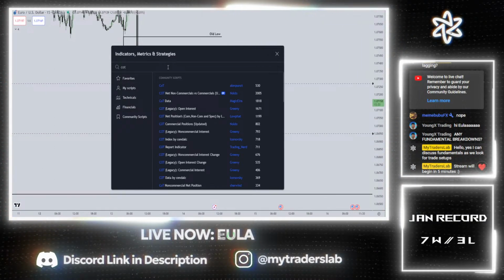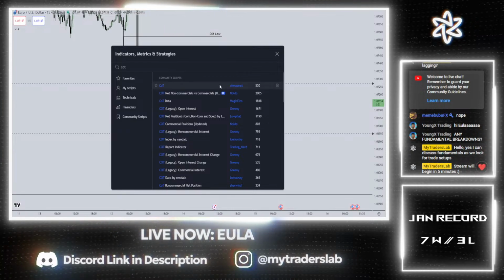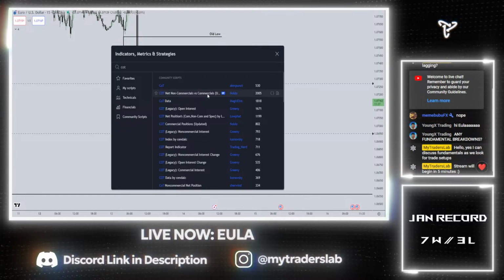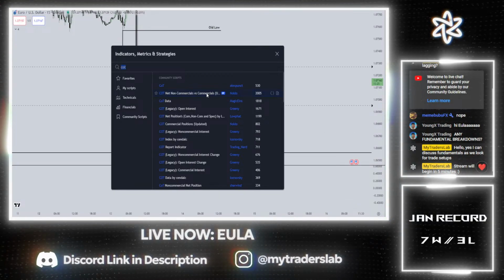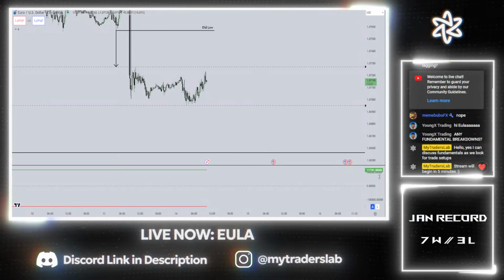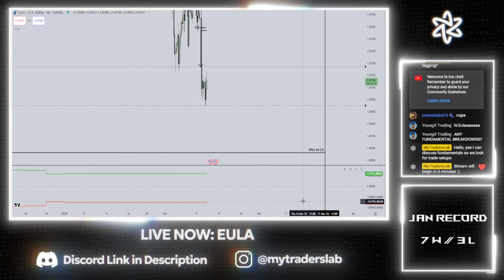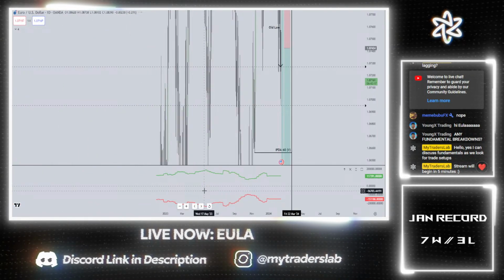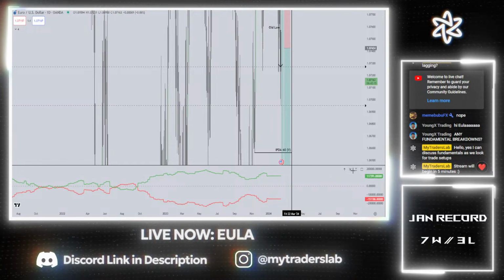So COT is a specific set of data that you can actually get from TradingView itself. It's really easy. I can't remember what it is. Is it this? Let me check. No, it's not this one.